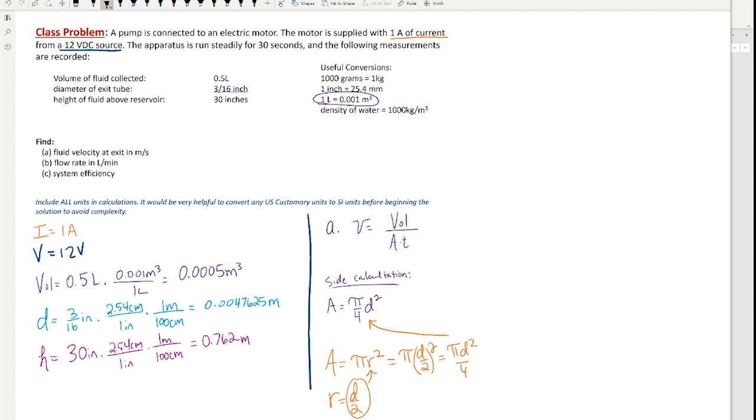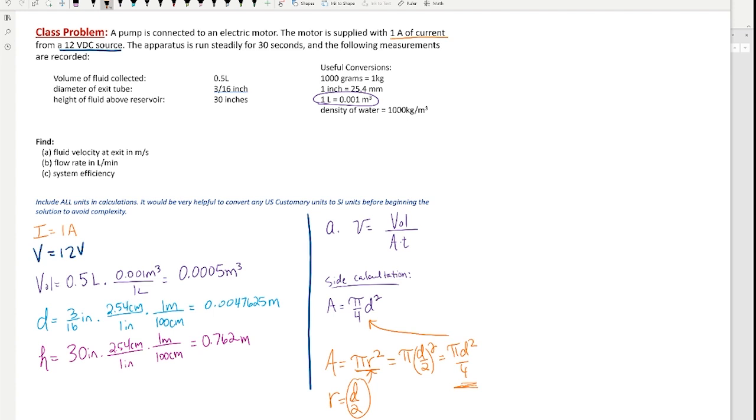I want to take this second to talk about why you would use pi d squared over 4 versus pi r squared. Take a second and think about why we might use diameter as opposed to radius. If you came to the conclusion that diameter is easier to measure, you're right.